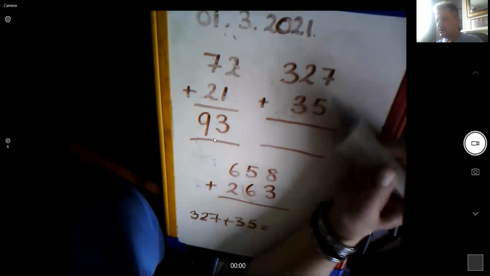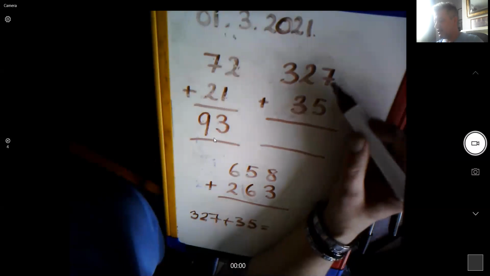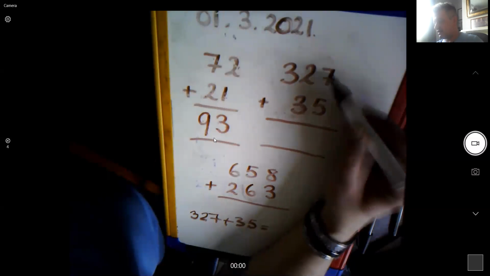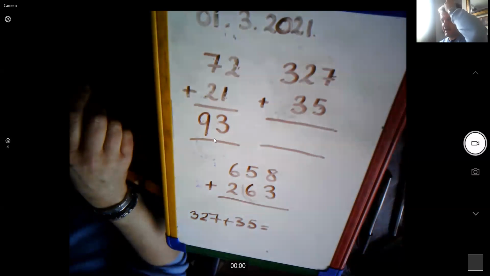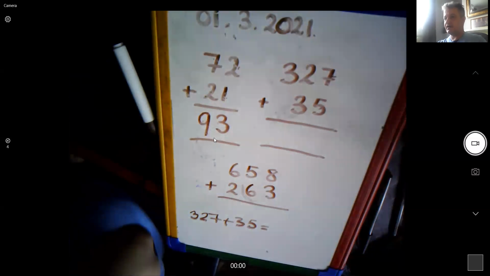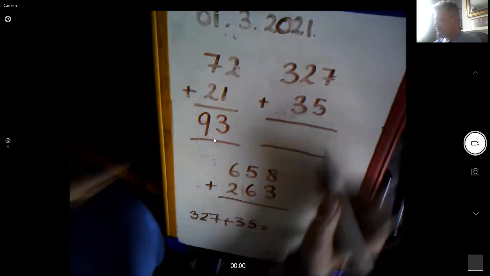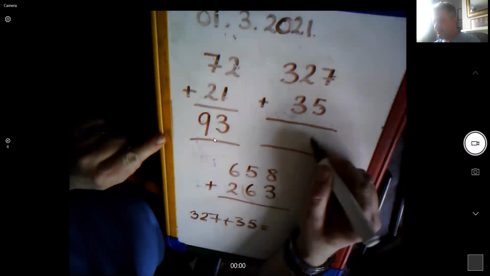Now I start again, exactly the same thing. I've got 7 units here, and I've got 5 units here. I'm putting 7 in my head, and counting on the extra 5: 7, 8, 9, 10, 11, 12. Now, I can only fit up to 9 here.